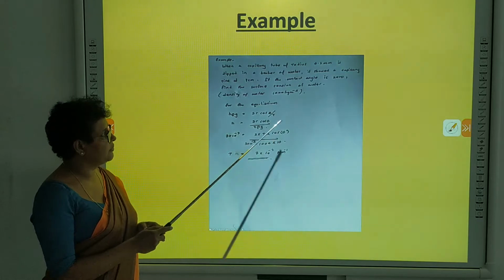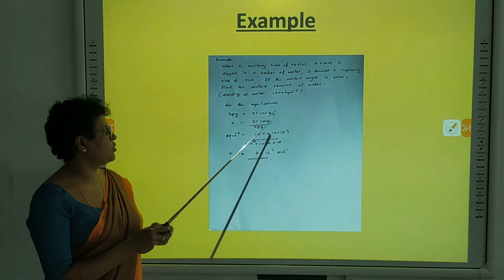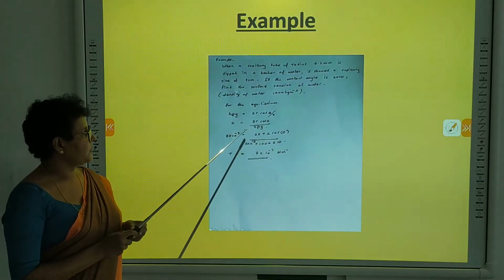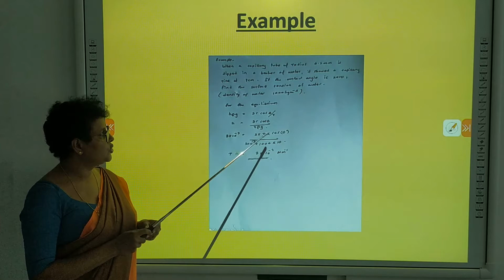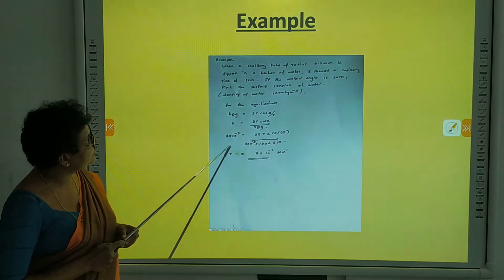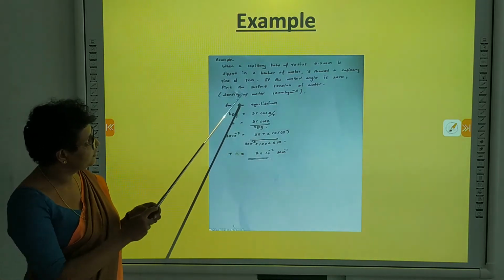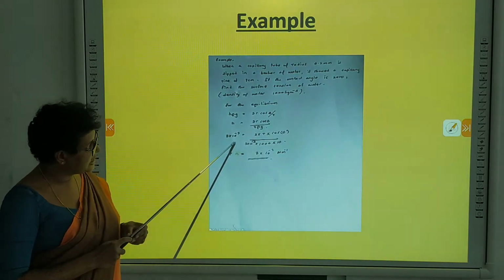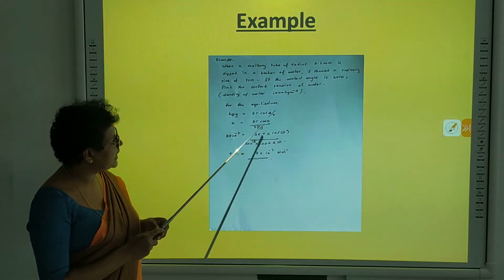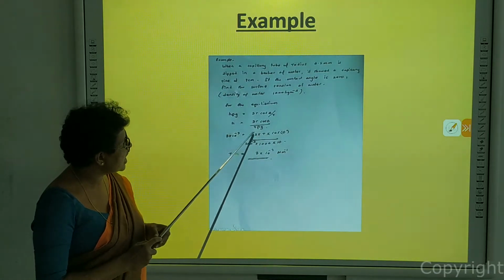For the equilibrium, you can use that second equation, h rho g equals 2T cos theta over r. So you can make h the subject, h equals 2T cos theta over r rho g. So h is given. h is 1 centimeter, which is 10 to the power minus 2 meter, because it is centimeters. So 10 to the power minus 2 equals 2 into T cos theta over r rho g.